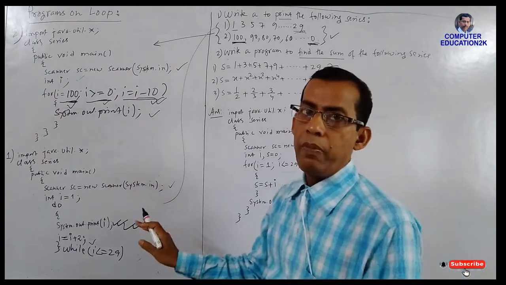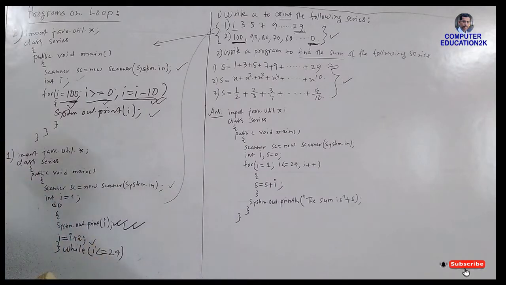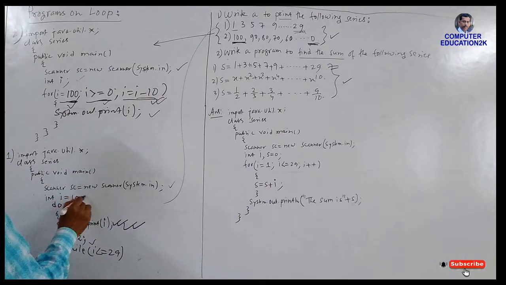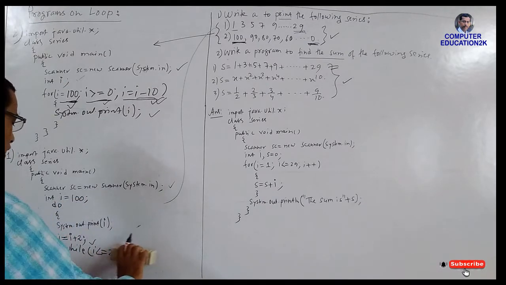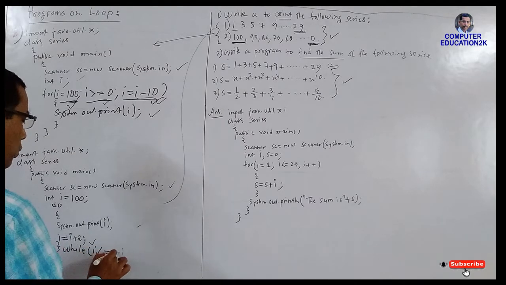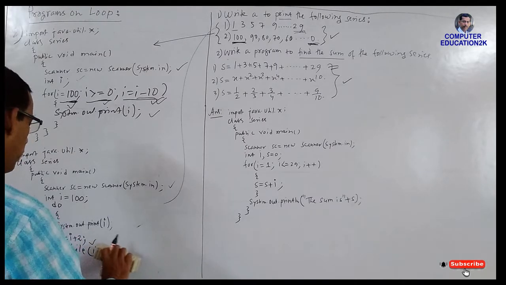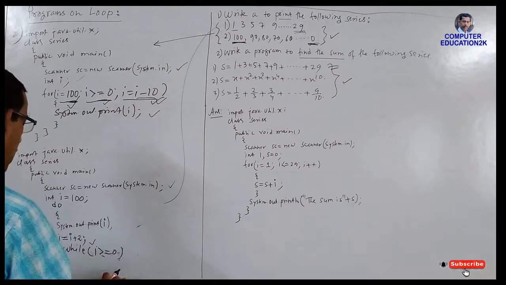Now the same program we will do using a do while loop. So what to do? Here I will write I equals to 100. Then do, and then I will just change the condition: I greater than equals to 0.